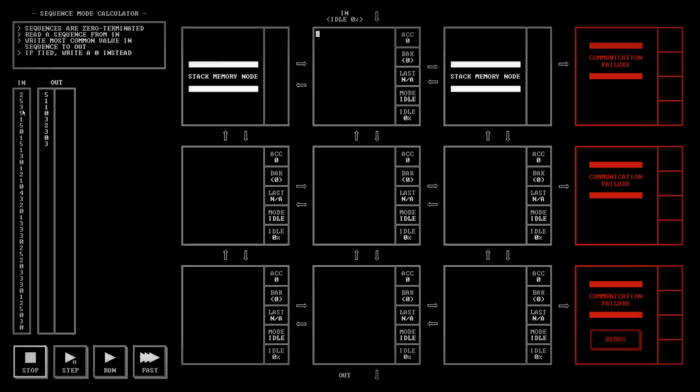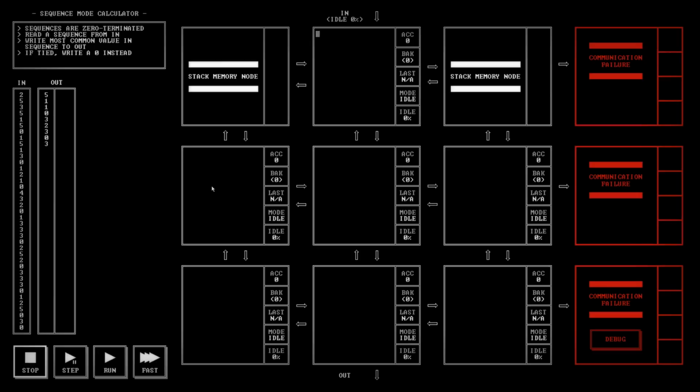So what I observe from that is I could assign a slot in each stack memory node to a count of each one of these numbers. So for this sequence, I would, let's see, 1, 2, 3, 5, 5. So I would have 1, 1.